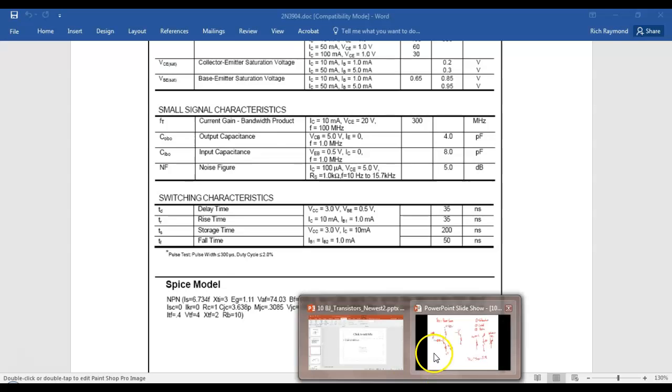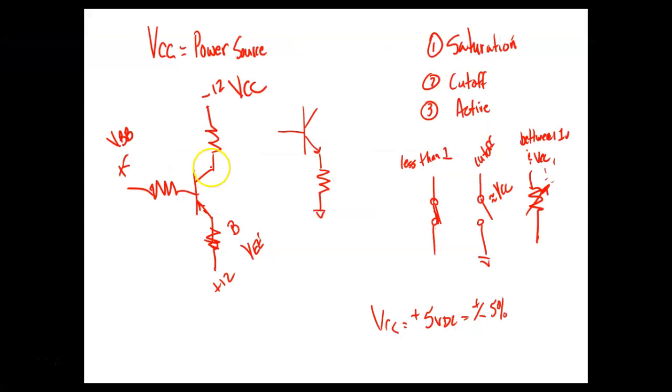When we switch these devices on, so if I was looking right here, and it was sitting at a high, and then I saturated the transistor, we think it's going to do this, but it's not. And we can see this on the oscilloscope. It's going to do this. It's actually going to be even when we saturate.